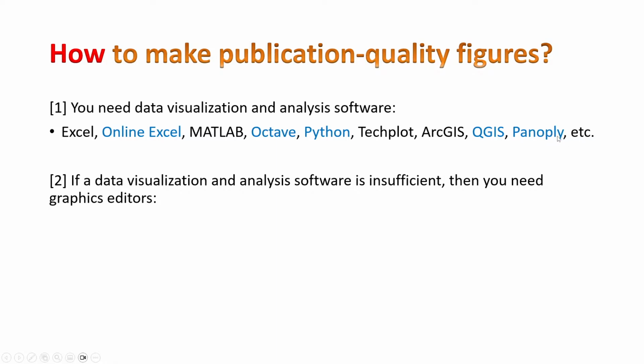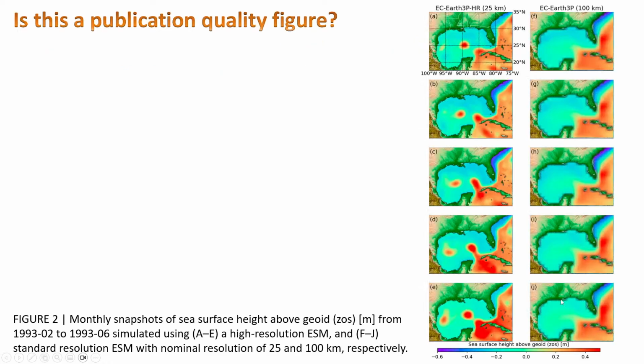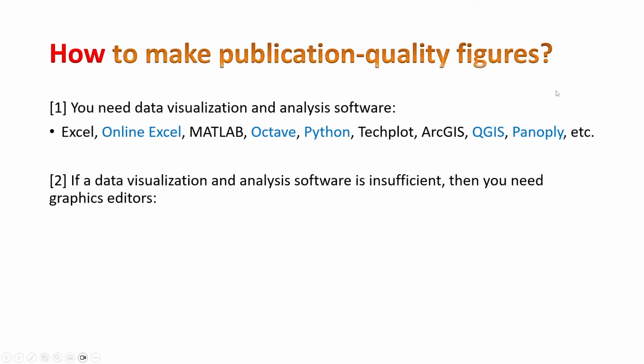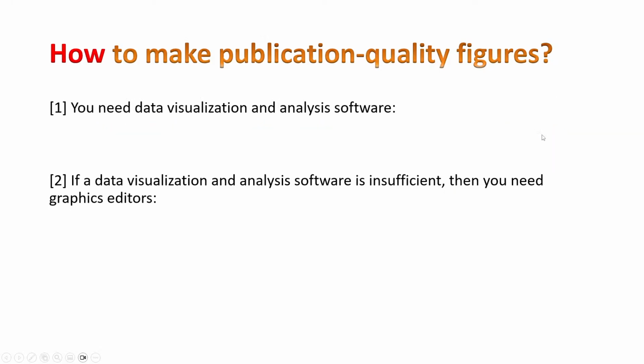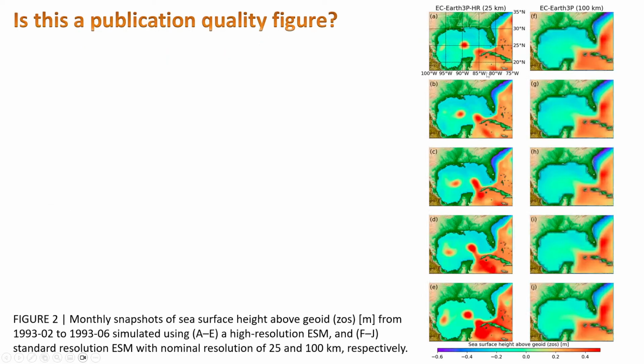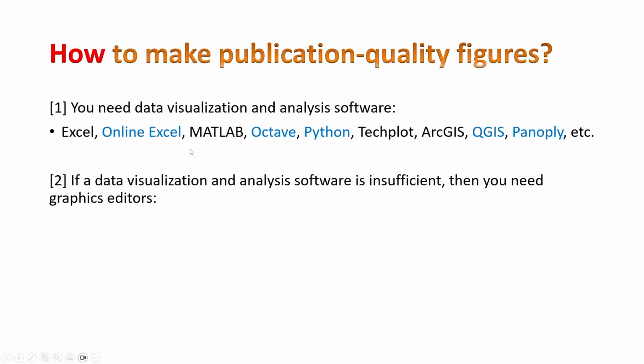NetCDF files hold climate data, for example, Earth system model data, and so on. The data that you see here is NetCDF data. You can visualize this with Panoply, but it will not make these subplots, it will just visualize it one by one. This particular figure I prepared with Python.